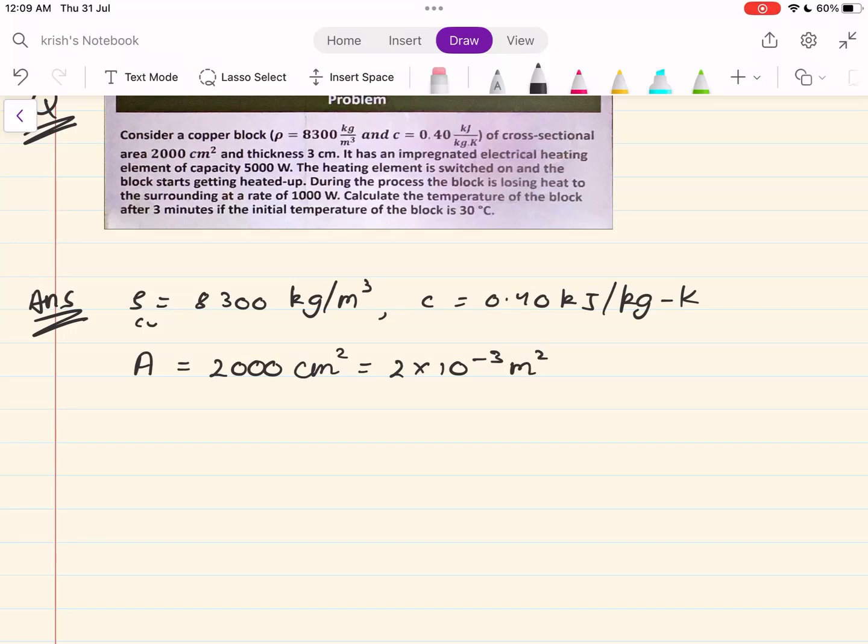I'm converting centimeter into meter because that's the standard SI unit. And thickness 3 centimeters. So T equals 3 into 10 to the power minus 3 meter.